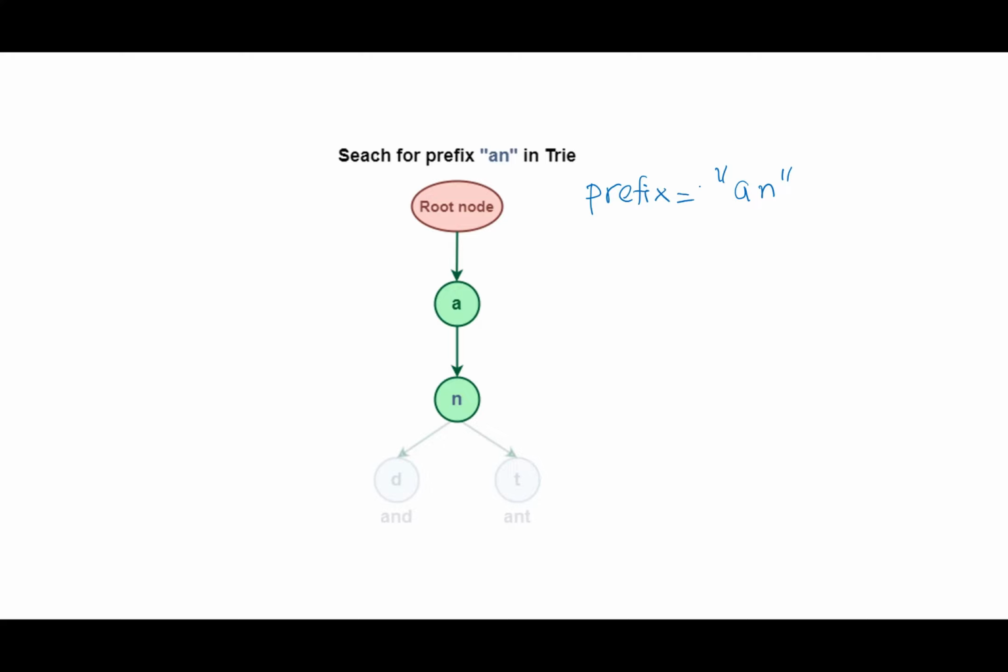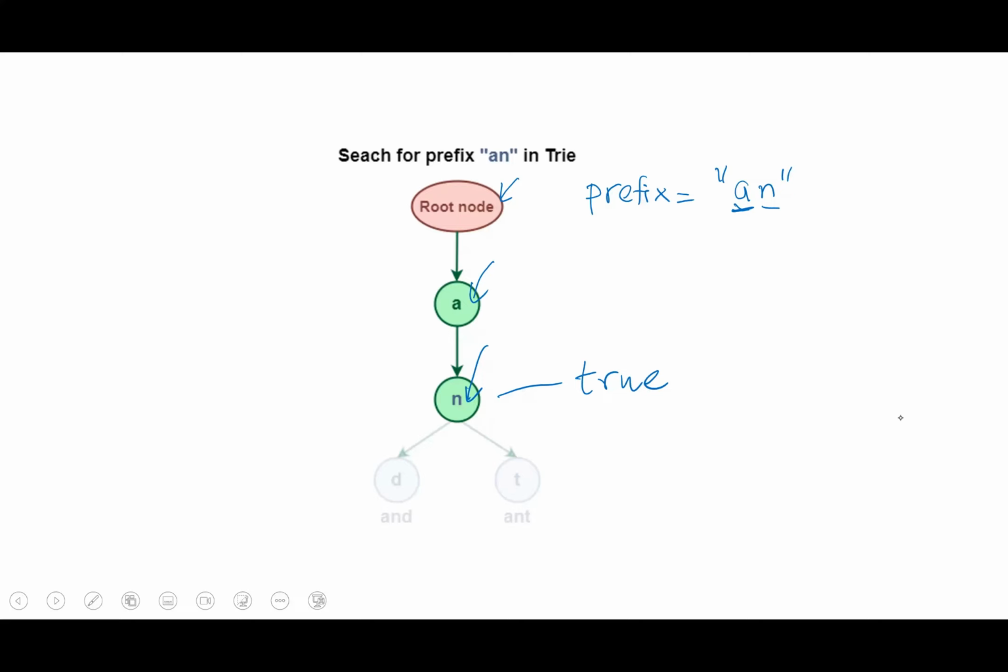With the prefix an, do you have words with that prefix? What you can do is start from the root node and see if there is a node for A. If that is true, then check if there is a node for N. If both of them are true, then you say, yes, I have words with prefix an.